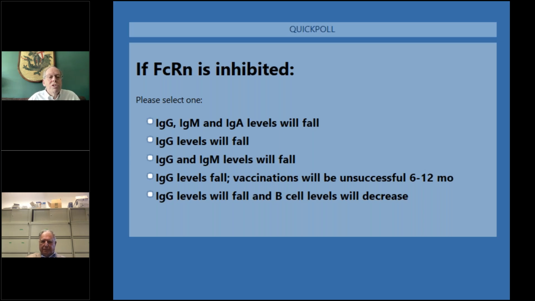Option 4, IgG levels will fall. Vaccinations will be unsuccessful in generating good antibody responses for 6 to 12 months. And option 5, IgG levels will fall and B cell levels will decrease. Please select one of these 5 options.